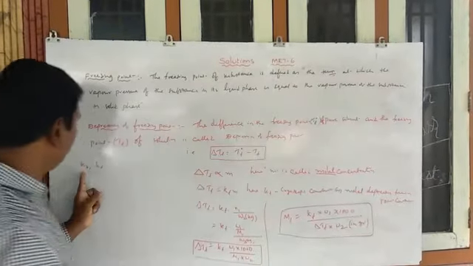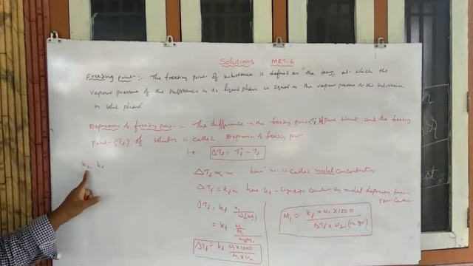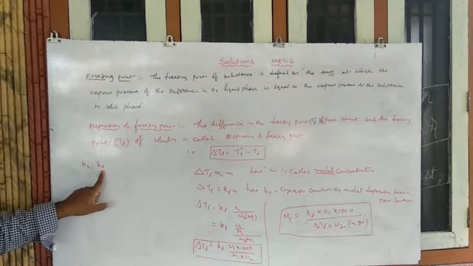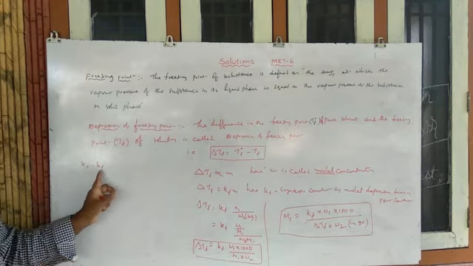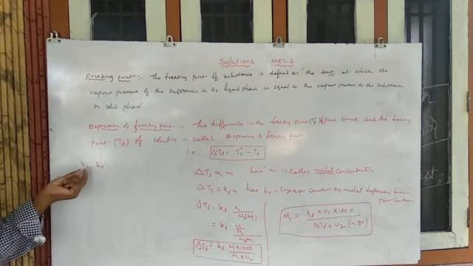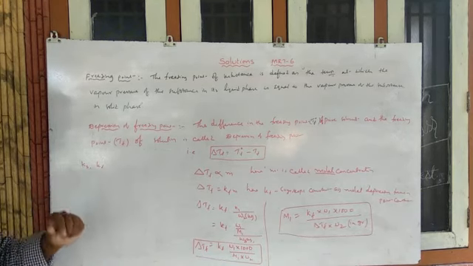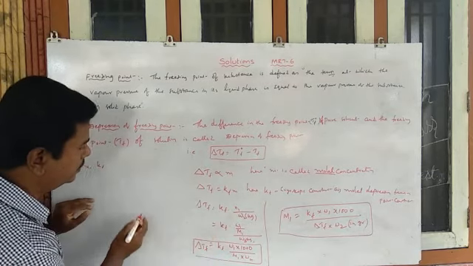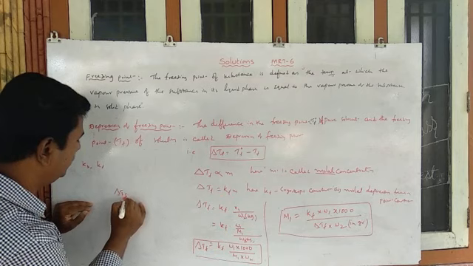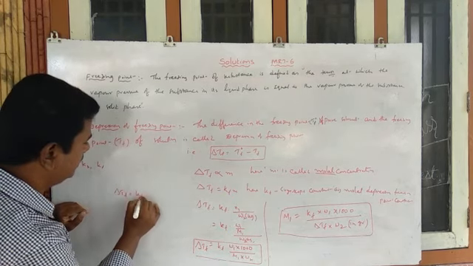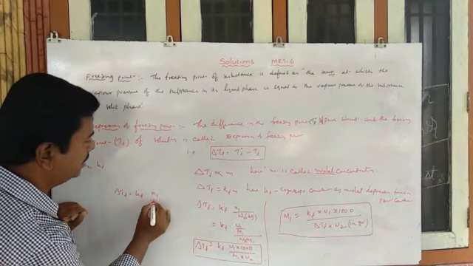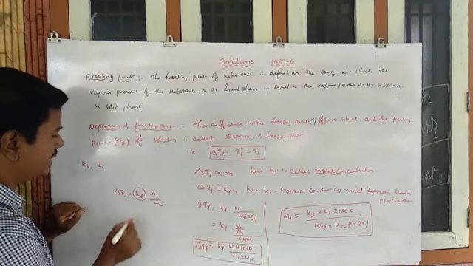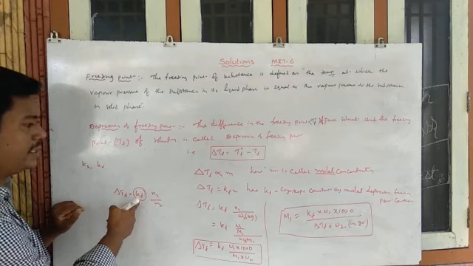Now, what are the units of Kb and Kf? Here Kb is the constant for elevation of boiling point, and Kf is the cryoscopic constant. So what are the units of these two constants? Both constants have the same units, but one is for boiling point and this one is for freezing point. From this equation, delta Tf equal to Kf into N1 by W, we require the unit of Kf, the cryoscopic constant unit.